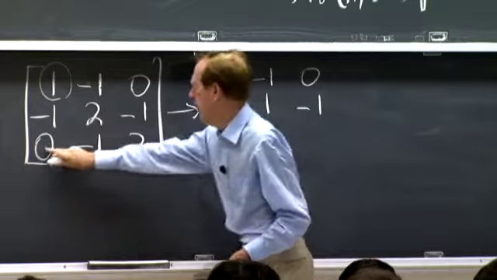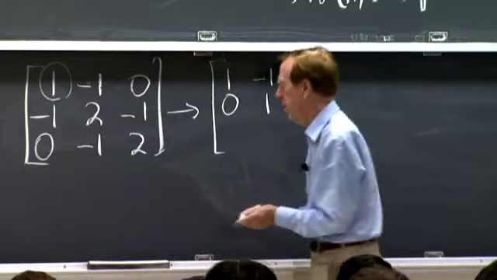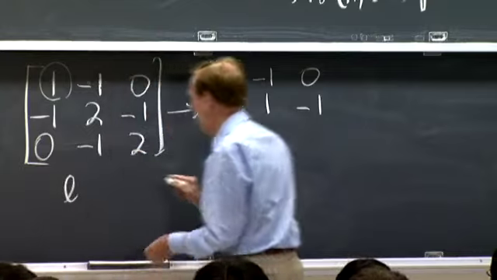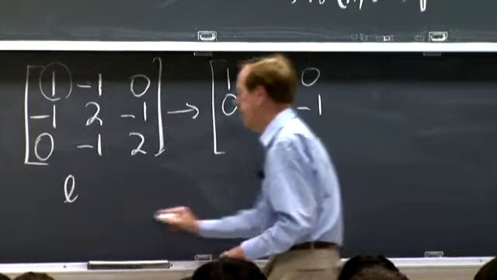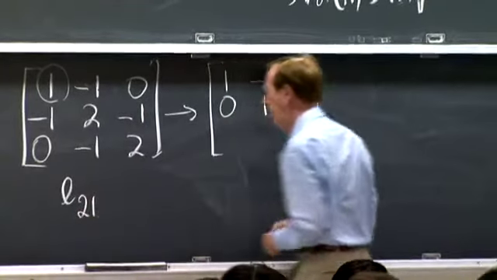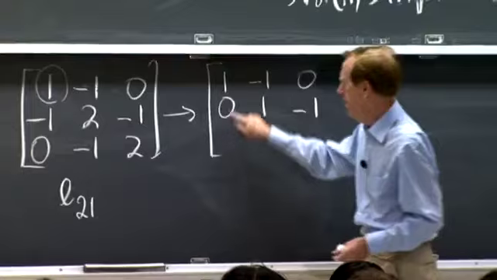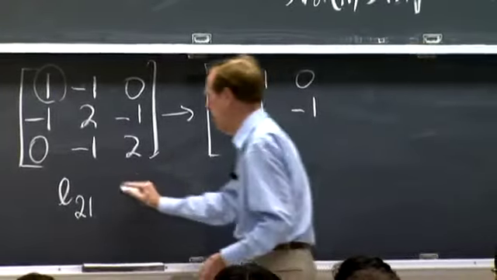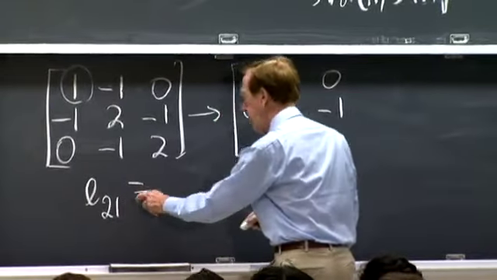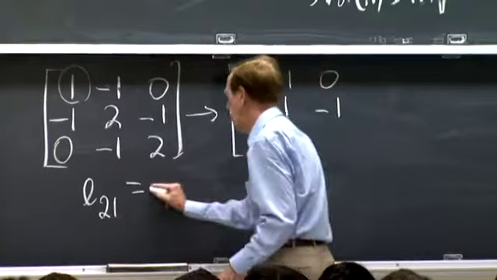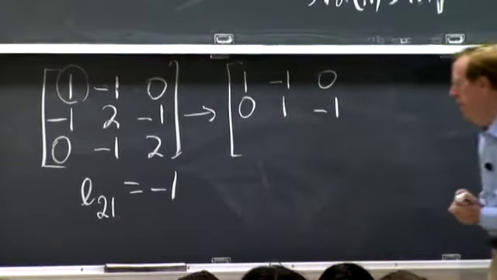And then what do I get? So let's just put these multipliers, the L21. That's the multiplier. 2, 1 refers to row 2, column 1. And this step got the 0 in row 2, column 1. And what was the multiplier that did it? It's the number that I multiplied row 1 by and subtracted from row 2, so it was -1.